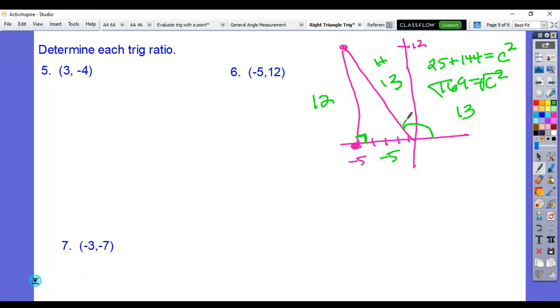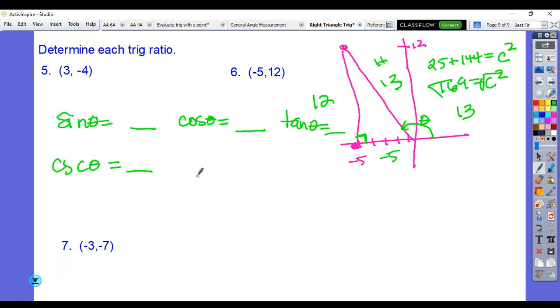So this is actually the angle that we're talking about, okay? So sine theta equals, cosine theta equals, tangent theta equals, cosecant theta equals, secant theta equals, cotangent theta equals. Okay. All right. Then it's just a matter of filling in the blanks.